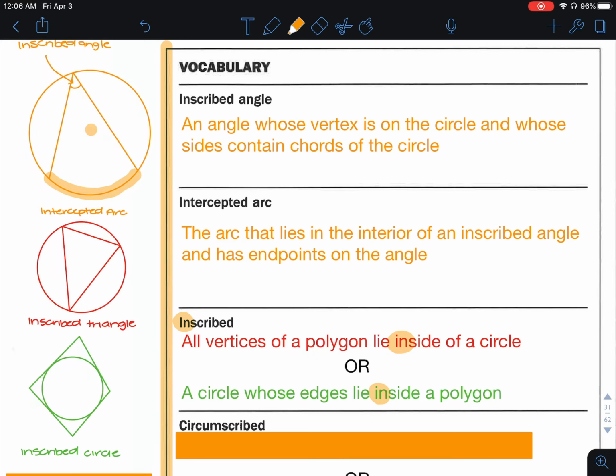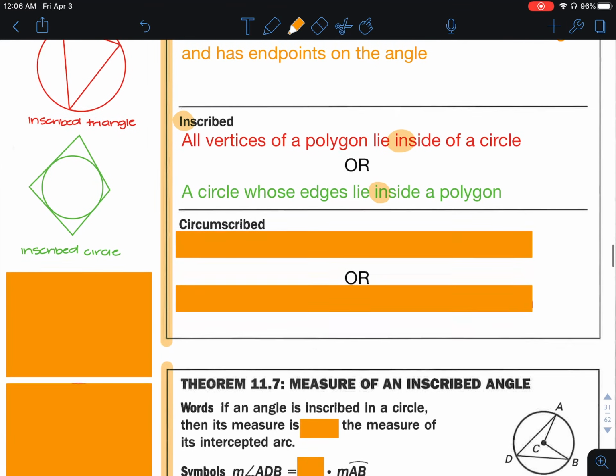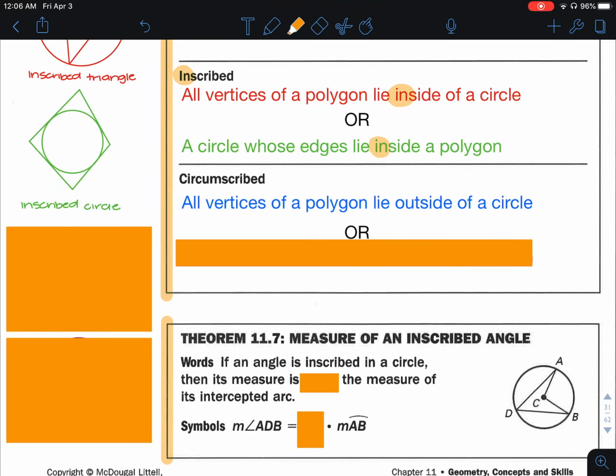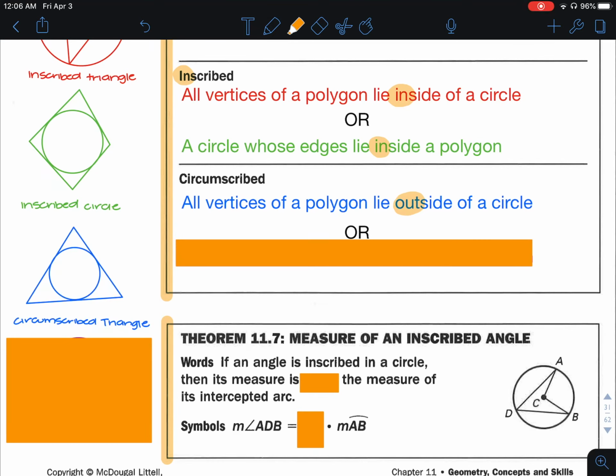So inscribed is inside. Let's talk about circumscribed. So circumscribed is all vertices lie on the outside of the circle. So here's my blue picture here. So I have a circumscribed triangle. Okay, right now this looks sort of similar to this inscribed circle. My circle is inside of that figure. Well, the thing that's around it is a triangle.